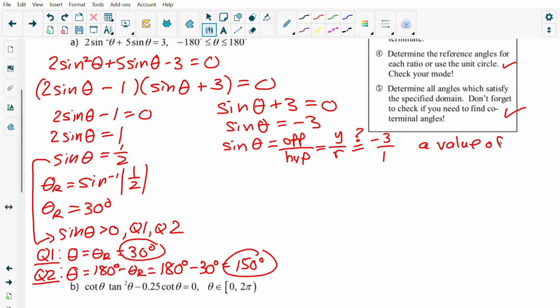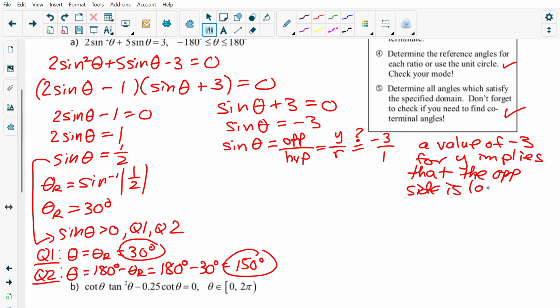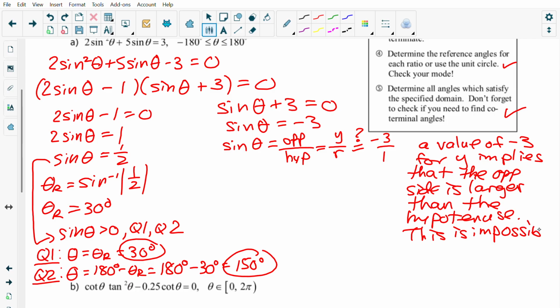Think about a value of negative 3 for y implies that the opposite side is larger than the hypotenuse, this is impossible for a right triangle.